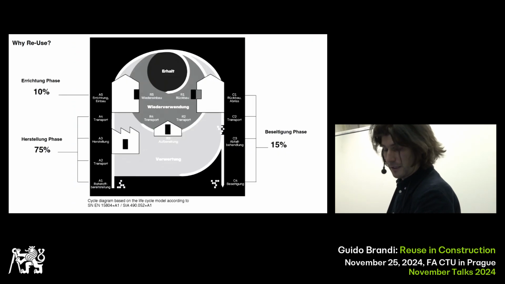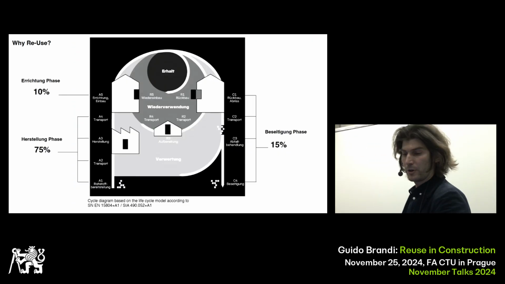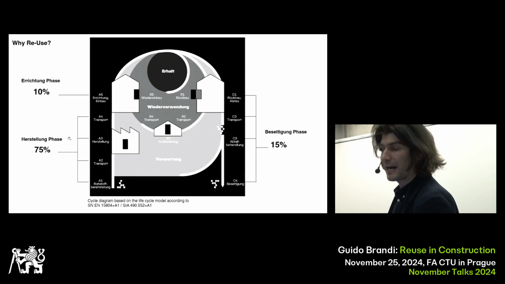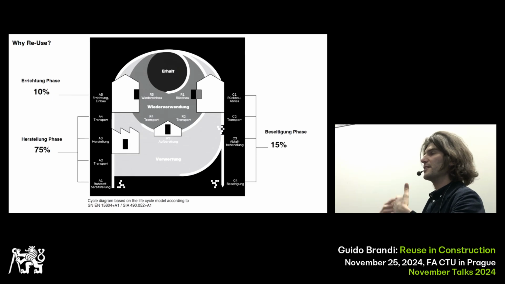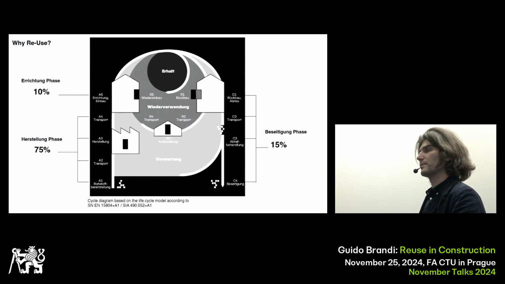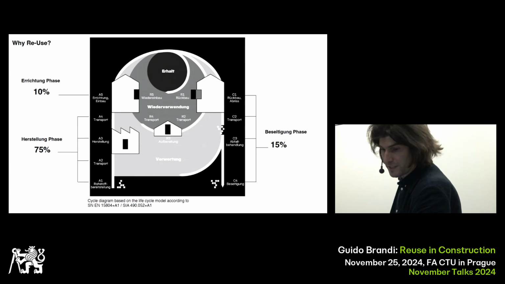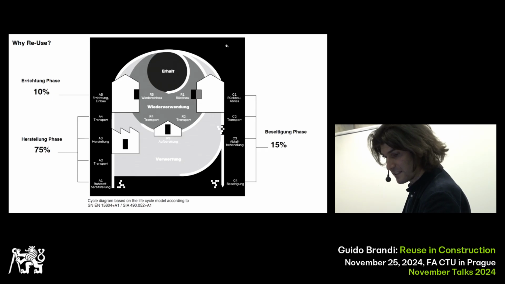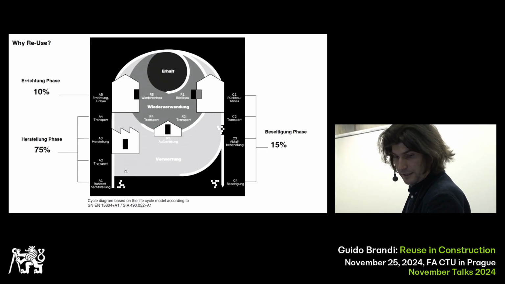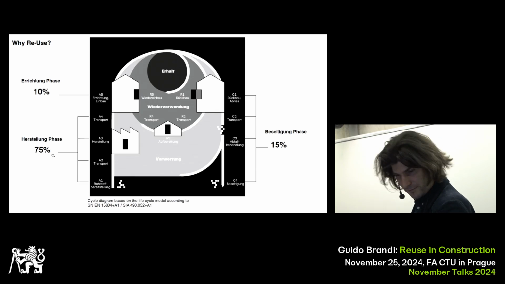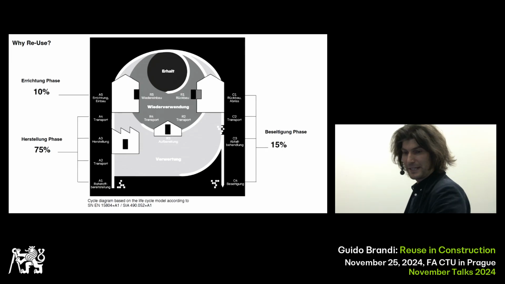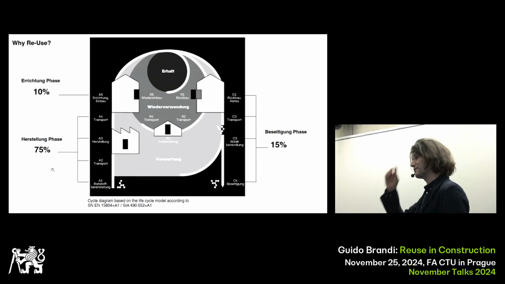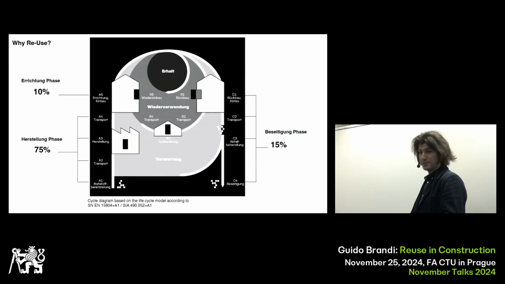And so, again, why reuse? Why do we think it is important? Because if we consider, at least from the point of view of the CO2 emissions, the gray gas emissions, when we see all these phases in the linear process, it's in German, but the production phase at the beginning counts for 75% of the entire emissions.